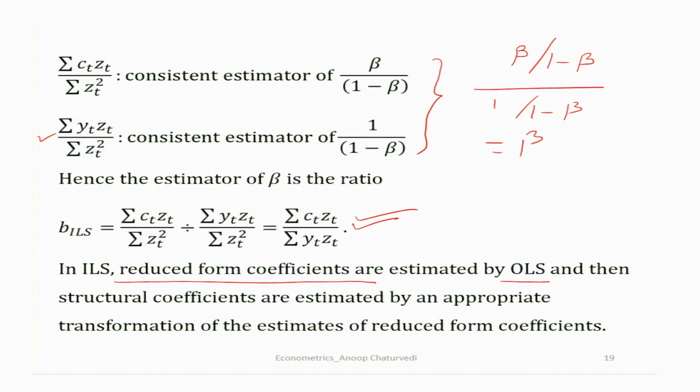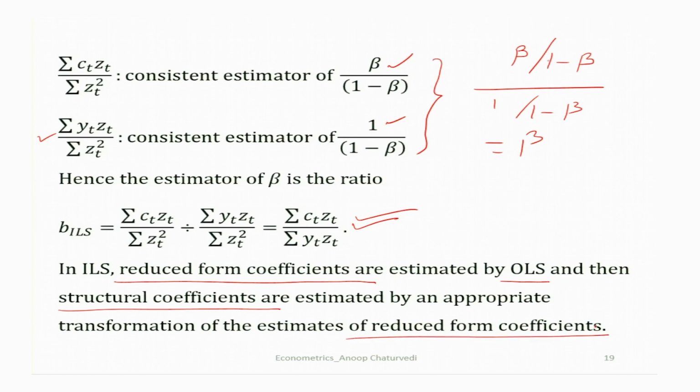We have applied OLS to estimate the reduced form coefficients, and then we look at the relationship between the original structural parameters and reduced form coefficients, and using those relationships we estimate the original structural coefficients. So, original structural coefficients are estimated by an appropriate transformation of the estimates of reduced form coefficients.